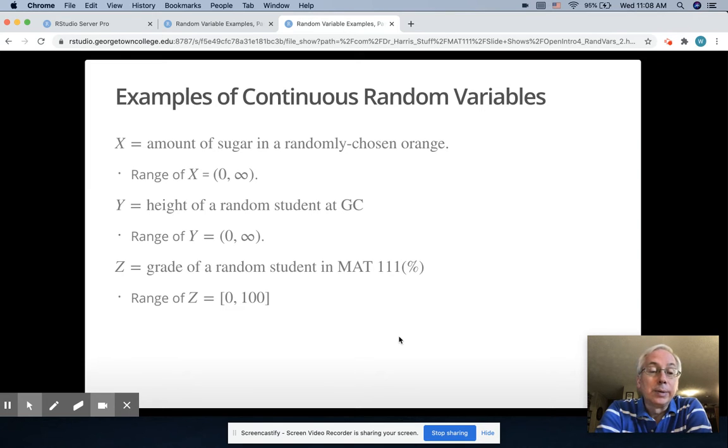Notice that in the third case, the range is not all possible numbers, but from 0 to 100. Heights aren't infinitely large. There's an upper limit, but we don't know going in exactly what that upper limit is going to be. It's somewhere probably around 7 feet tall. So these are situations where we're measuring something.